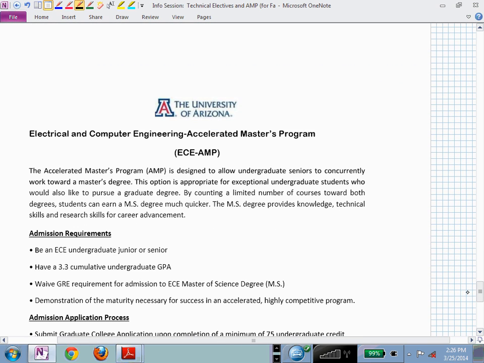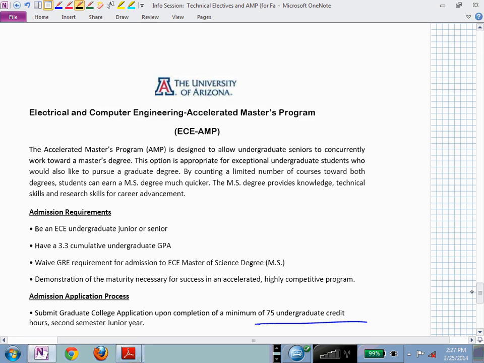Let's now talk a little bit about the Accelerated Master's Program. We talked some about that already, but if you meet the following admission requirements, this is an option. Obviously, you need to be an ECE student. You have to be at this threshold to apply, which is 75 credits, and that's probably pretty easy if you're a junior.